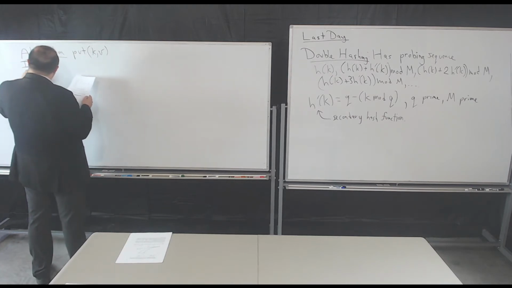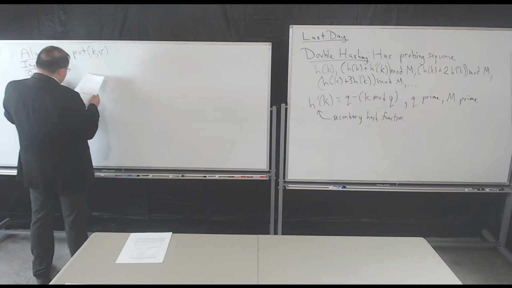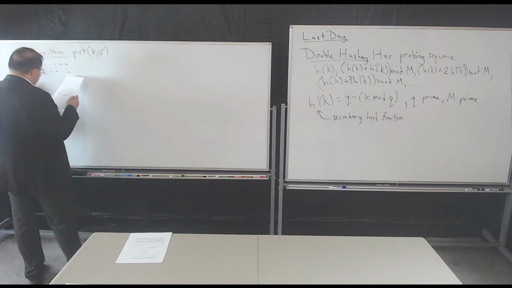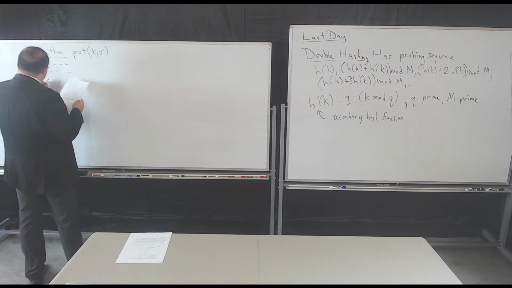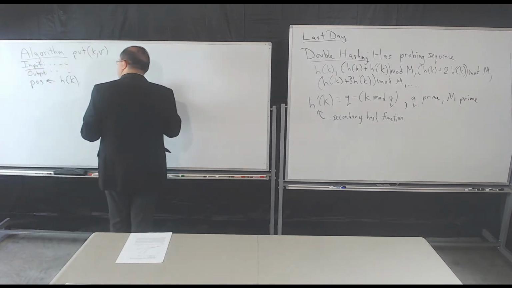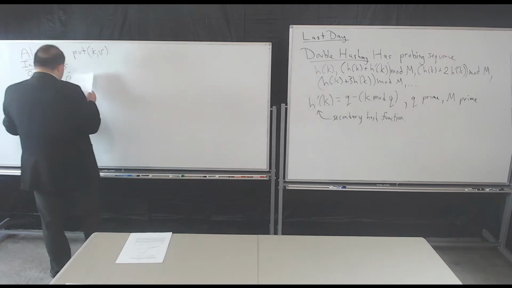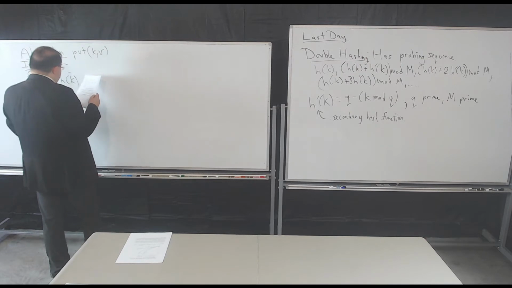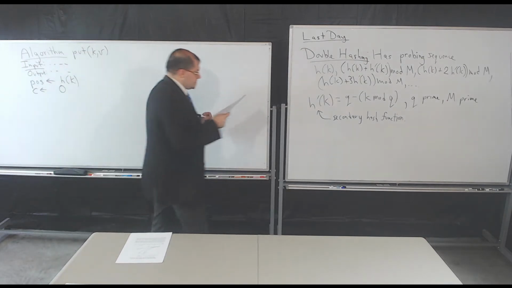So input, output, these are just the same as they have been for put. The position is going to be where I give the primary hash function. I'm going to hash into the table, and I'm going to have c be my counting variable. That's going to count how many hops I've done.